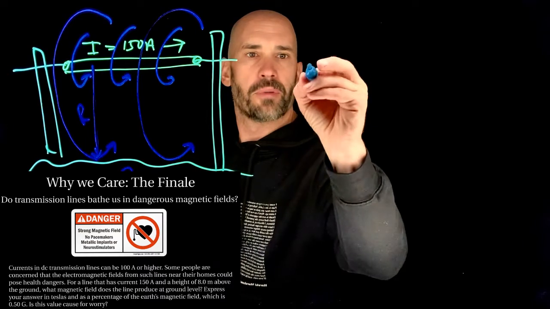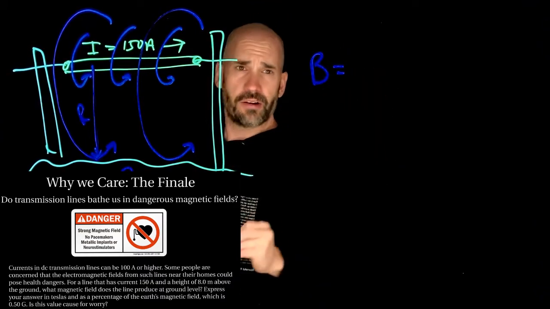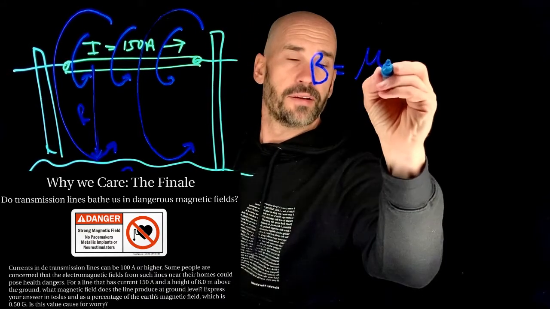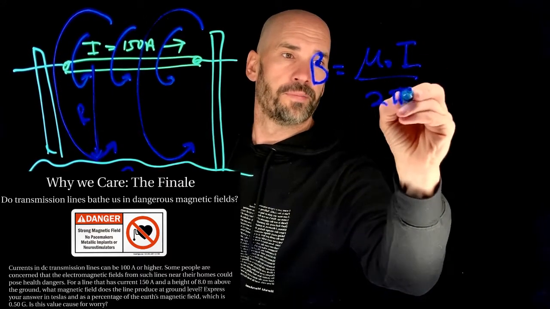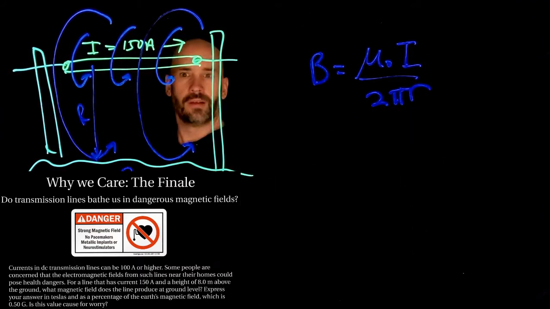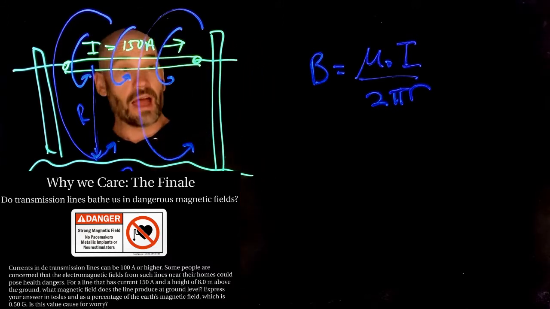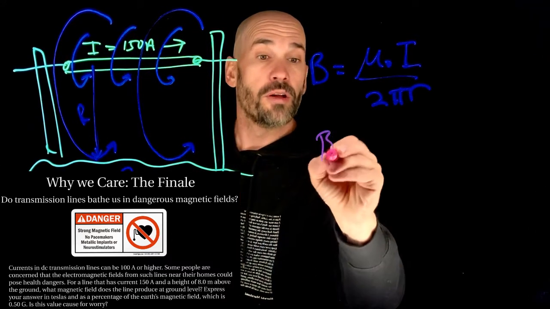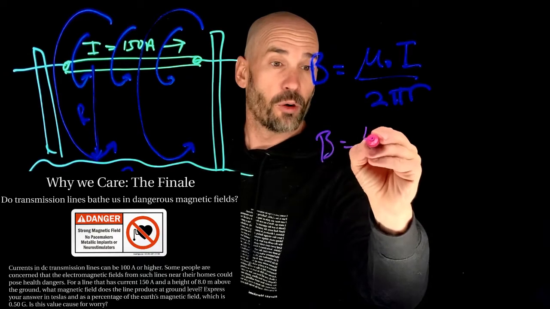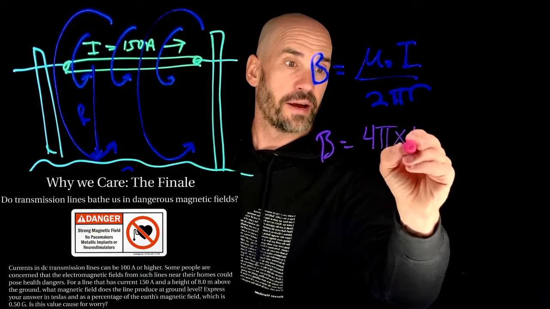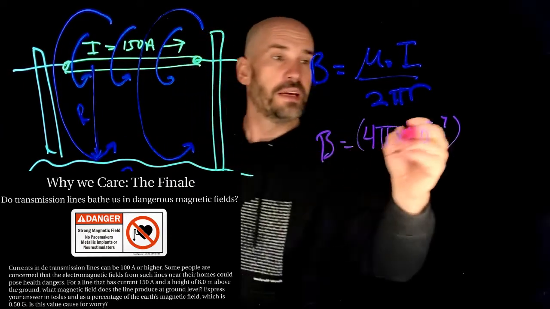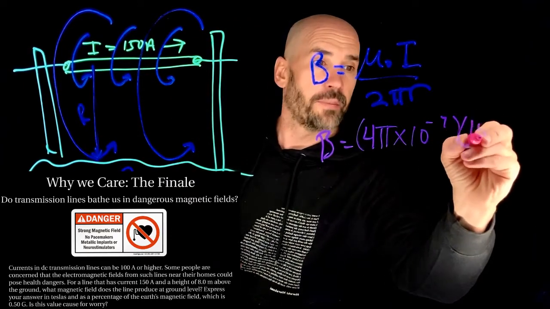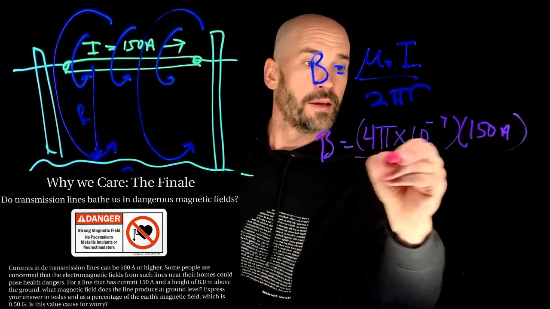And that B field, remember, the B field due to a long current carrying wire is mu naught, the permittivity of free space, over 2 pi r. Okay? All right, so how do we solve this? Well, we know that mu naught is 4 pi times 10 to the minus 7. We know that our current in our transmission wire is 150 amps, okay?